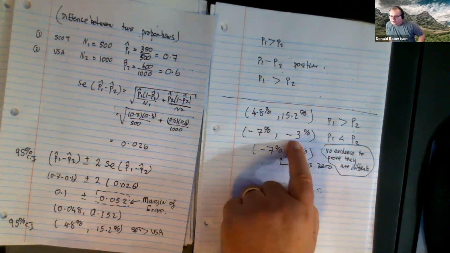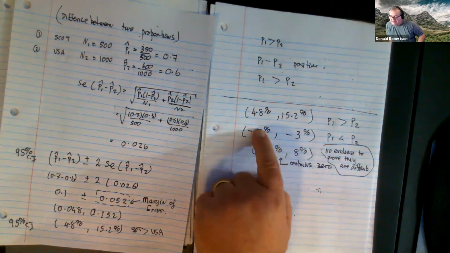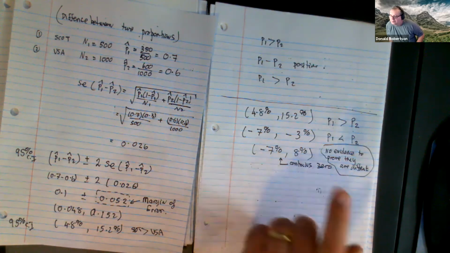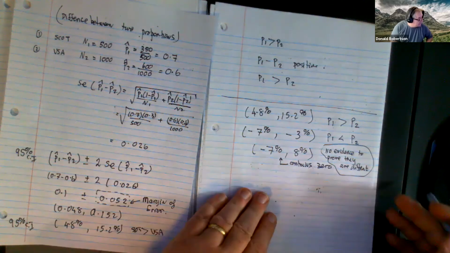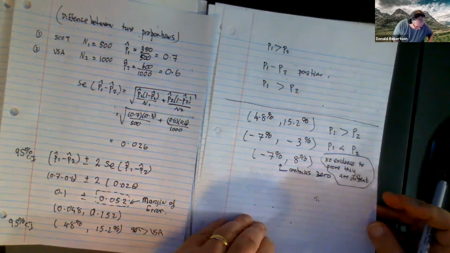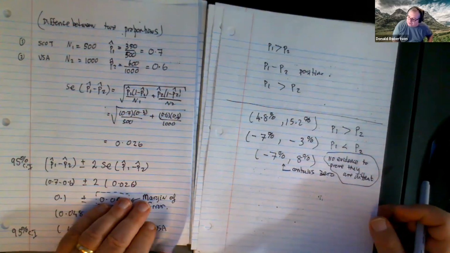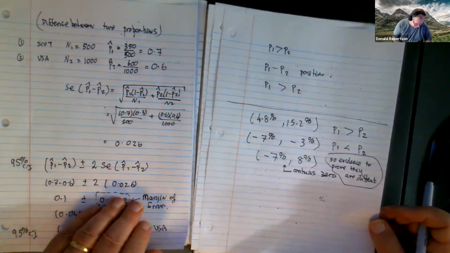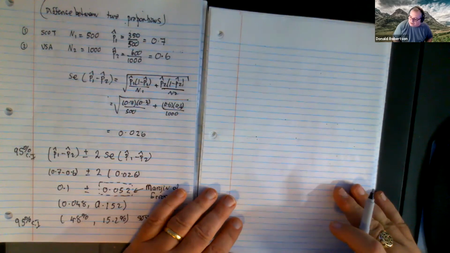If this was the interval, wouldn't the second guy win? If this is the interval, nobody knows who's going to win, right? Too close to call. Any questions about that? It's just an expansion of what we've done to now include the difference between two proportions. Are we good?